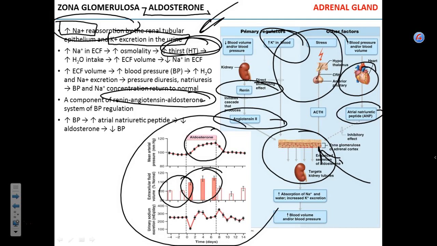So volume of your blood is going to decrease and your blood pressure decreases. So you see, by either keeping sodium in or letting it out, you can regulate the volume of the extracellular fluid, blood, and regulate blood pressure as the outcome. Does that make sense?